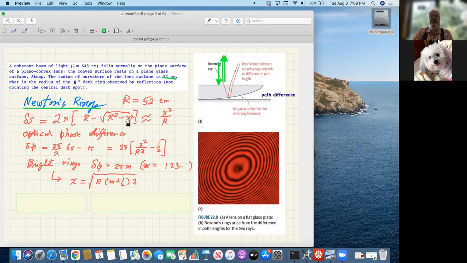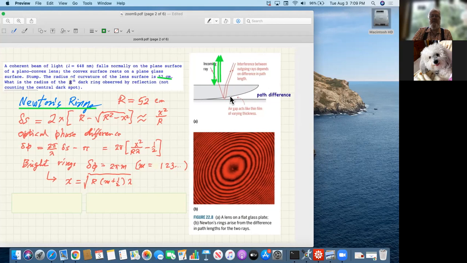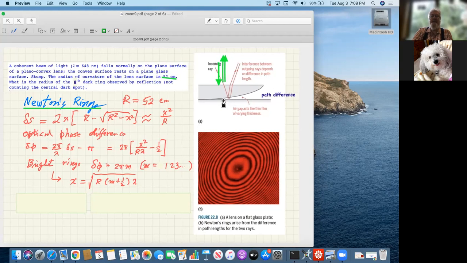So the difference in the path length will be this little distance right here, times 2, because the light comes in, one ray goes out into the air and then bounces off the plane surface and then goes back into the glass. So it's actually 2 times this difference.